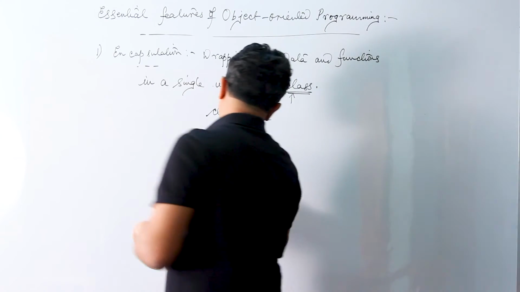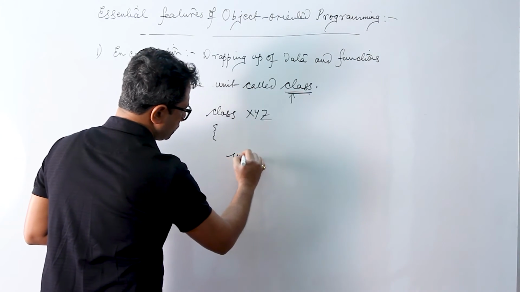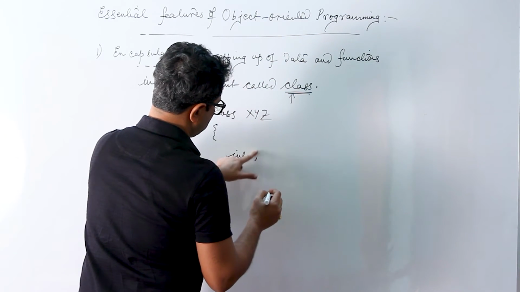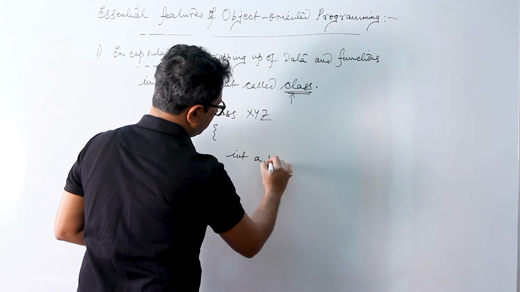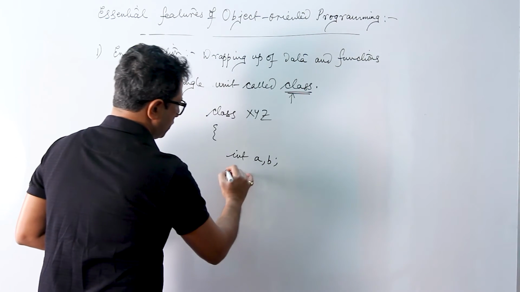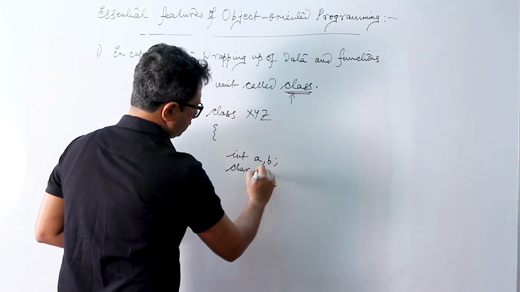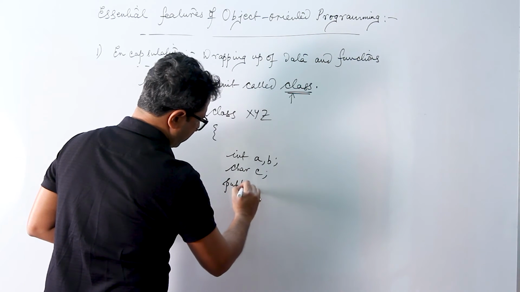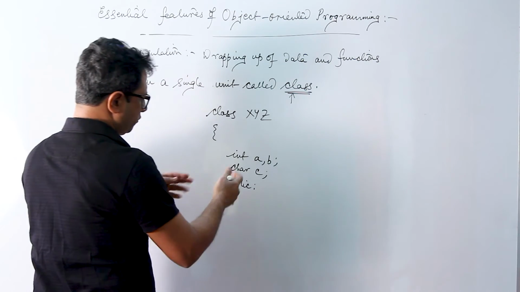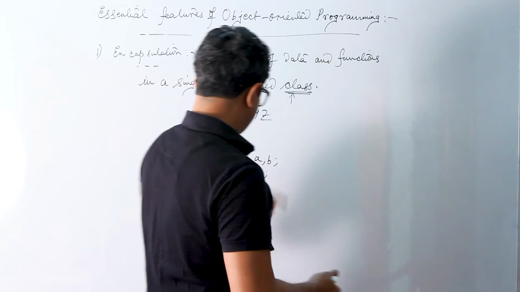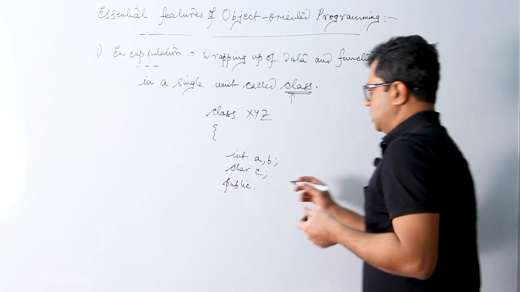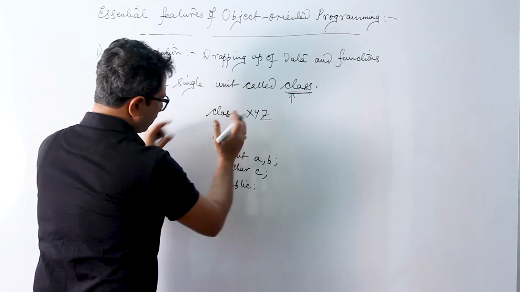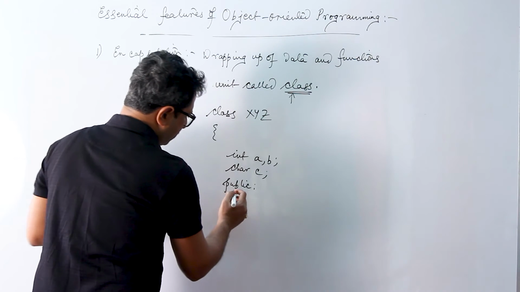Suppose I am writing: int A, B, char C, and then I will write public. You will get to know the meaning of public, private, etc. later on in our discourse. So now let me write a little snippet to make you understand what the class looks like.